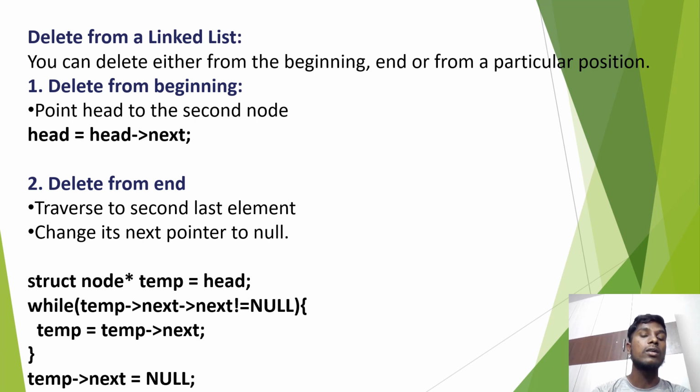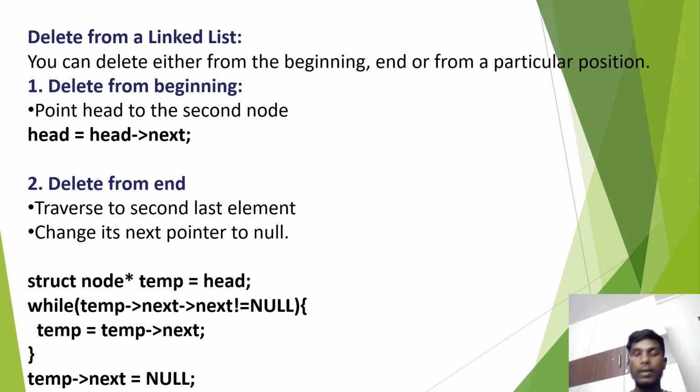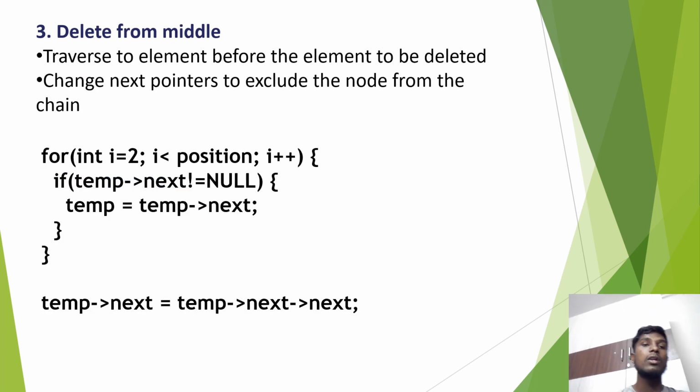Delete from the end: struct node *temp = head, while temp->next->next is not equal to null. So this shows how the end element is removed. Delete from the middle: traverse to the element before the element to be deleted, and change next pointers to remove the node from the chain.